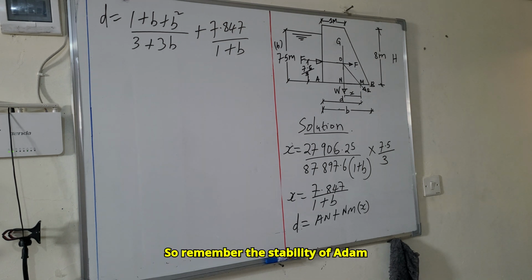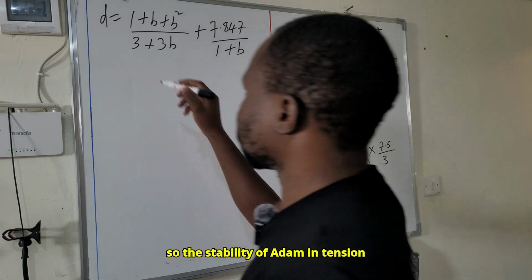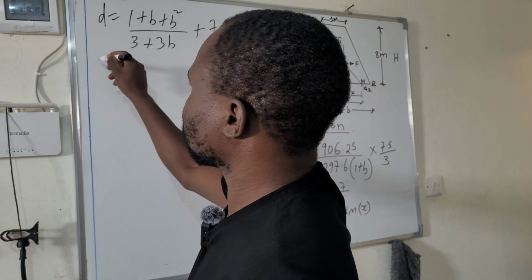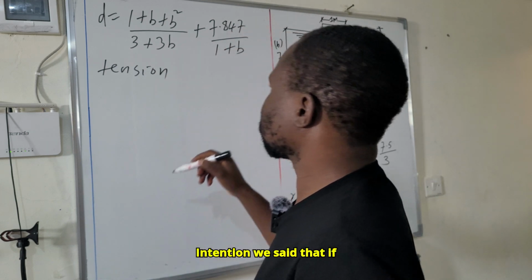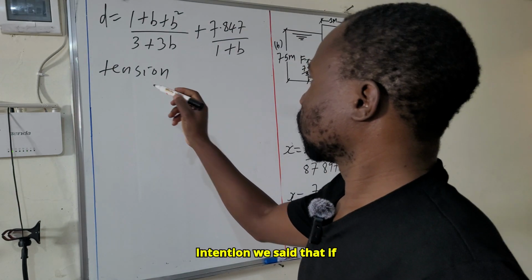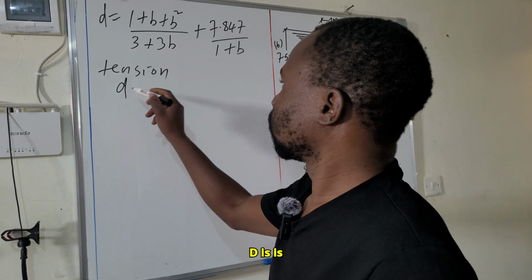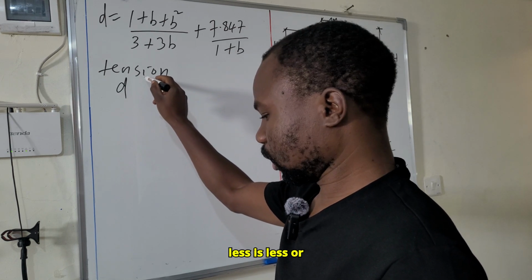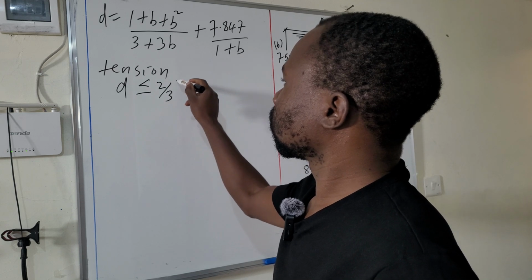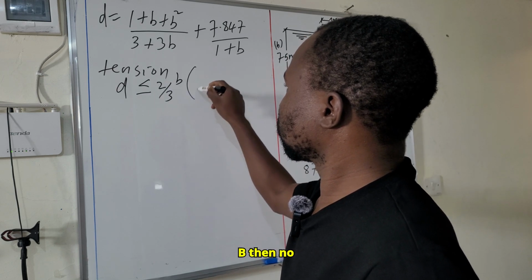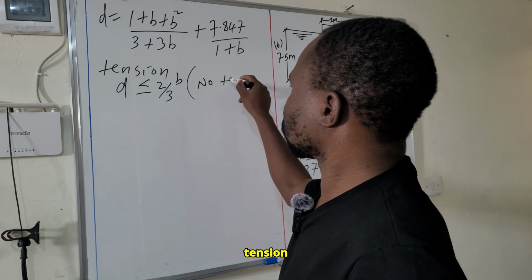So remember the stability of a dam in tension, we said that if d is less than or equal to 2 over 3 b, then no tension.